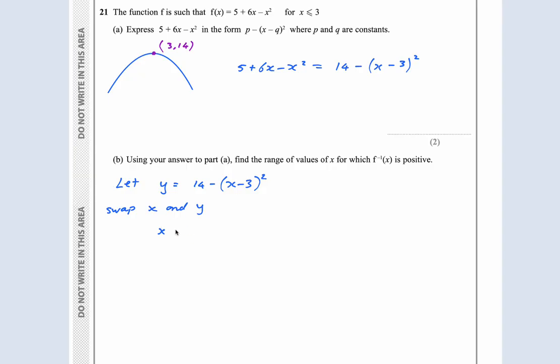So x is equal to 14 minus (y minus 3) squared. And now I'm going to rearrange to find y. I think I'll just add this to this side. So I'm going to have (y minus 3) squared equals, and I'm going to subtract the x, 14 minus x.